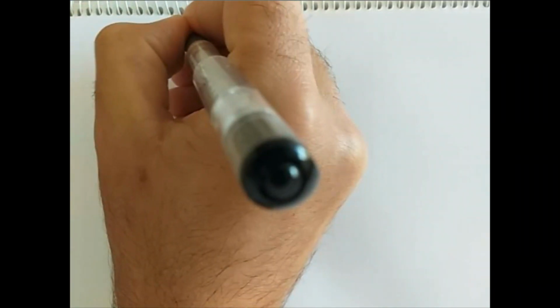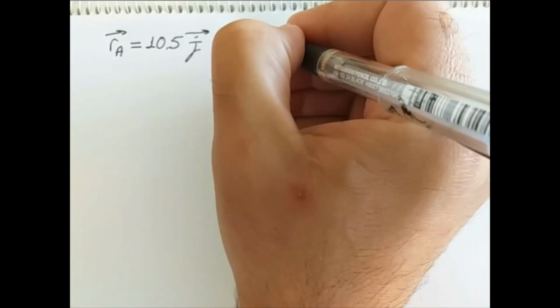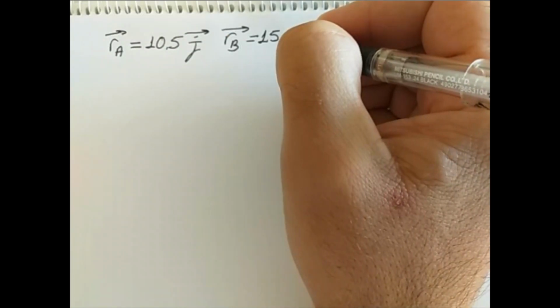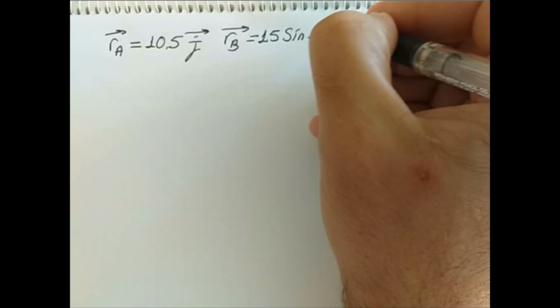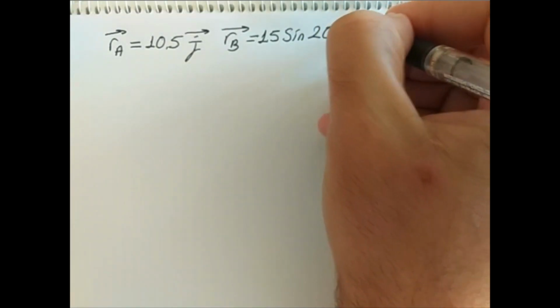And RB is equal to 15 multiplied by sine 20 I vector plus 15 multiplied by cosine 20 J vector. So these are the position vectors. Okay.